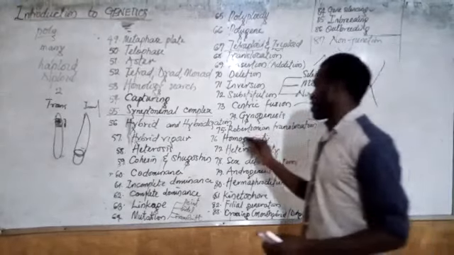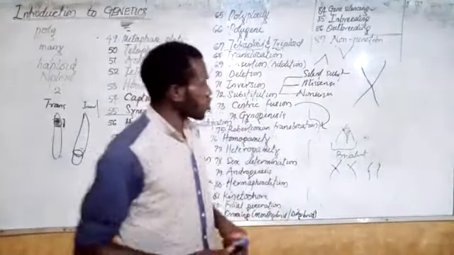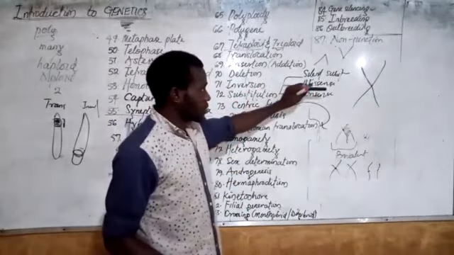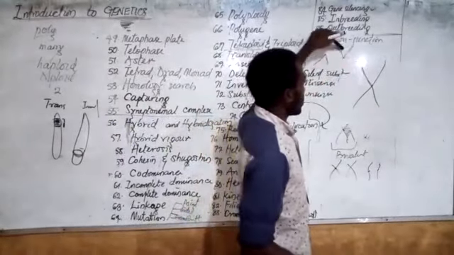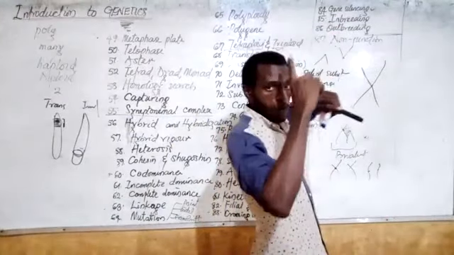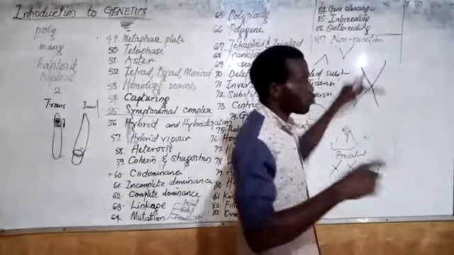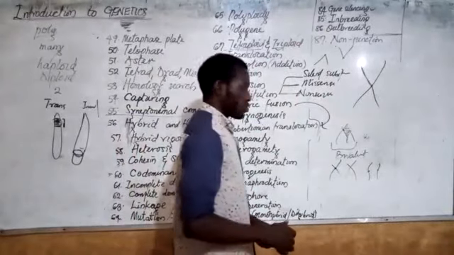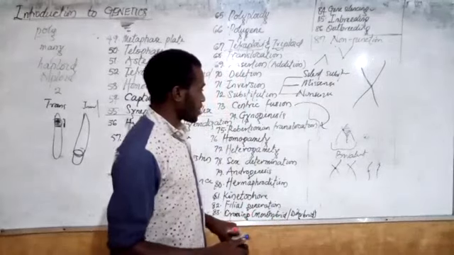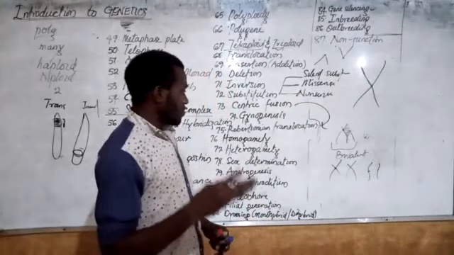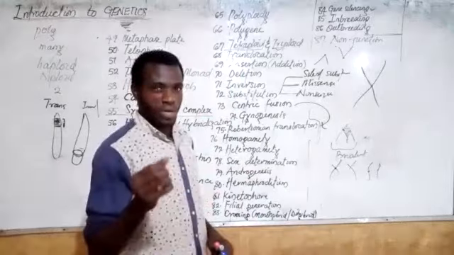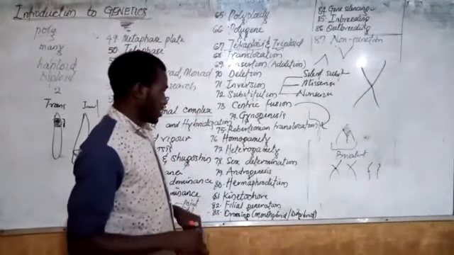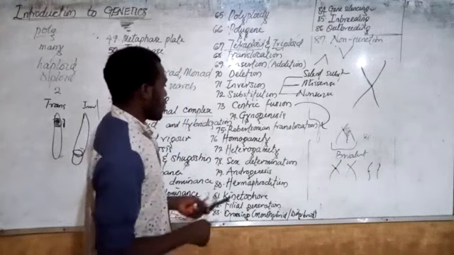It is called Robertsonian translocation. Note, it doesn't change their fundamental number, because the fundamental number of this one, when it was still acrocentric, was 1, and this one 1, so it turns to 2. So it doesn't change. So that is what we call the Robertsonian translocation, and it occurs in chromosomes 13, 14, 15, 21, and 22 of the human chromosome.